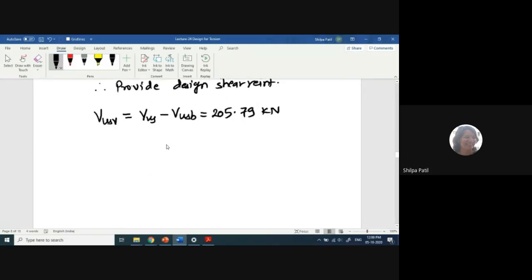So for this shear force, we want to find out the area of the stirrups. Let us assume 8 mm 2-legged stirrups. So just write down, provide 8 mm 2-legged stirrups.